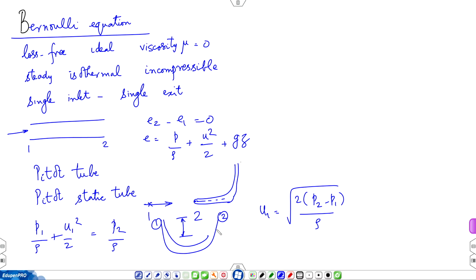So, this difference in levels of the manometric liquid will help you measure P2 minus P1. So, this pitot tube is a very commonly used device for measurement of velocity. Okay. So, we looked at measurement of force using velocity.